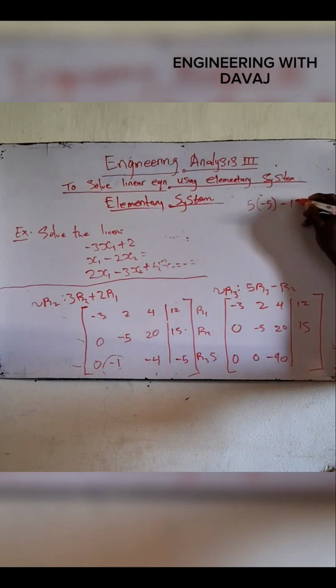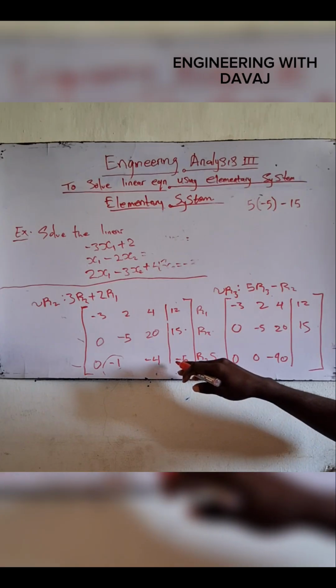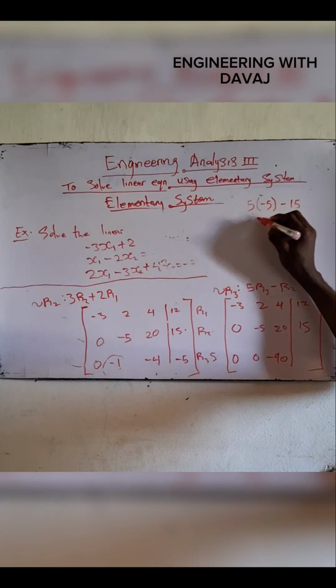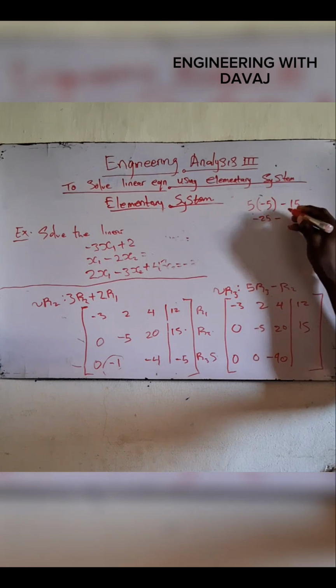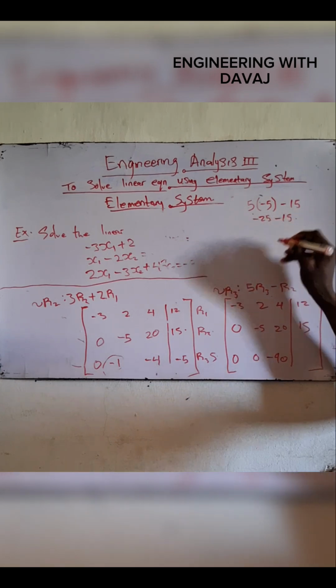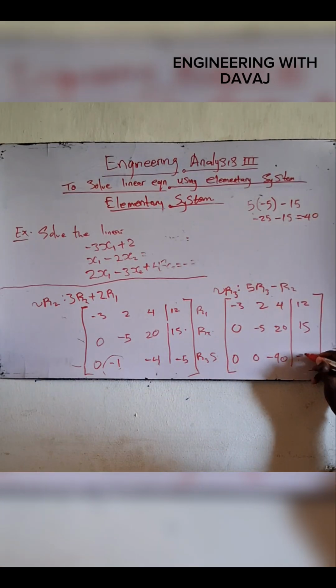Minus 15. So 5 times minus 5 is minus 25, minus 15. Minus 25 minus 15 is minus 40, so that's minus 40.